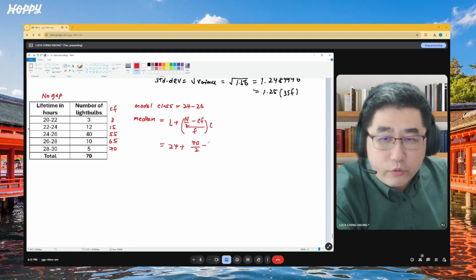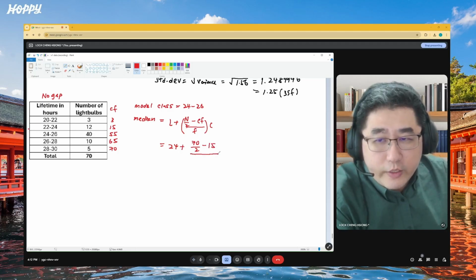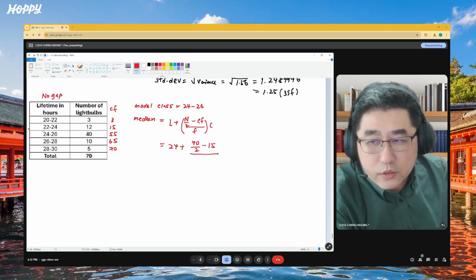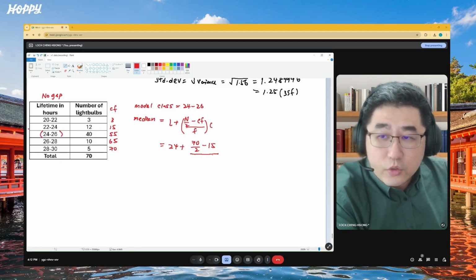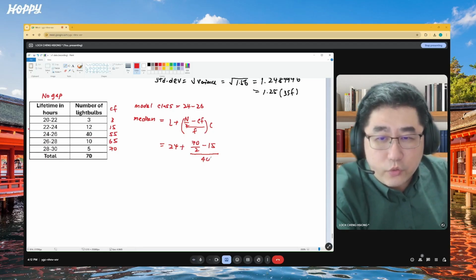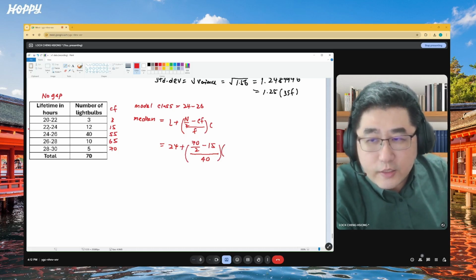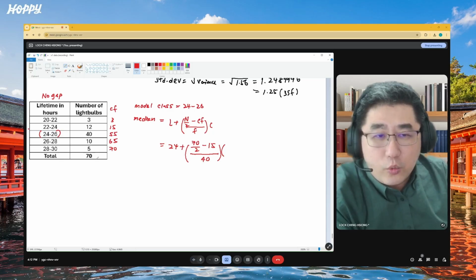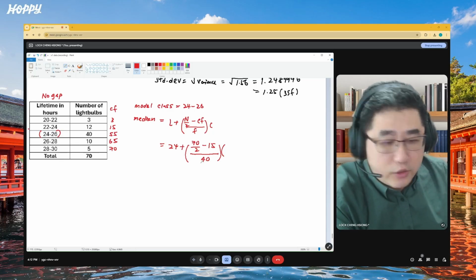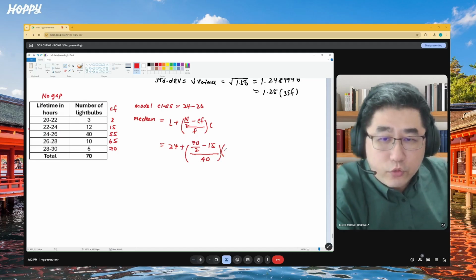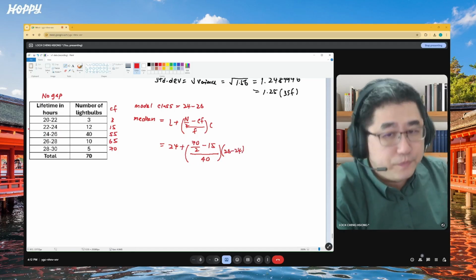Divided by the frequency of the class, which is 40. Then times the class size, which is the upper boundary minus the lower boundary of the median class. Therefore, I have 26 minus 24.